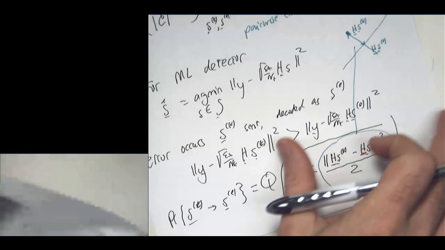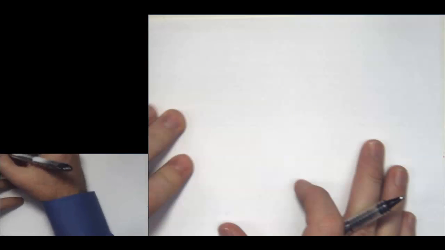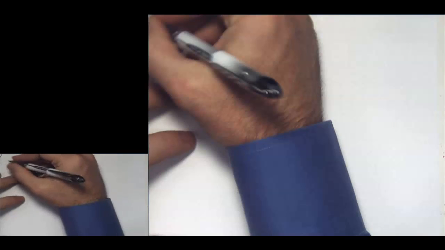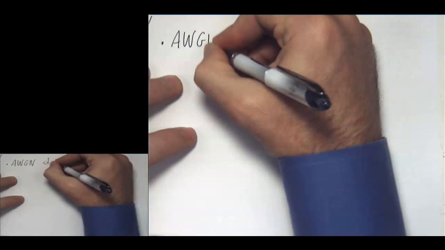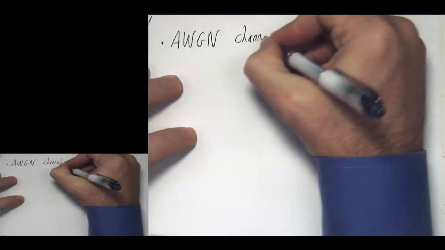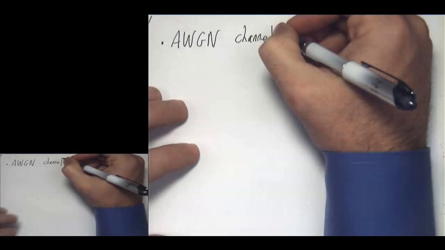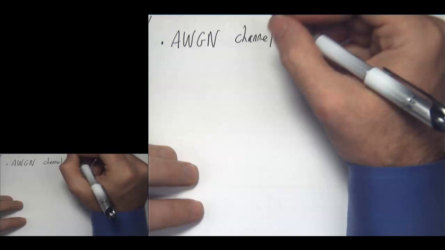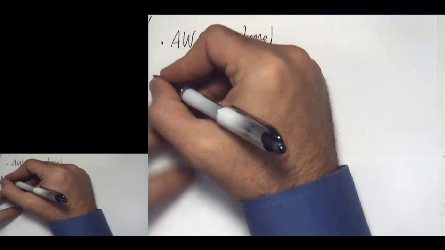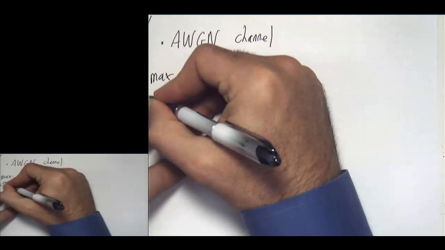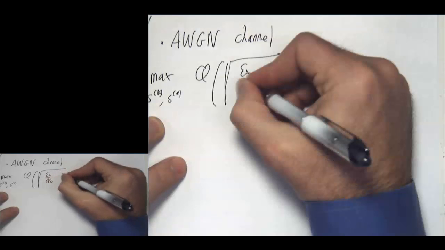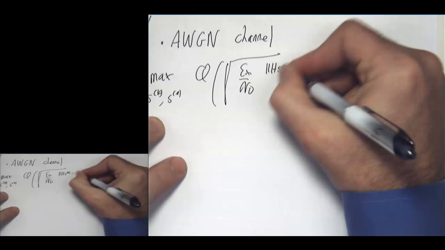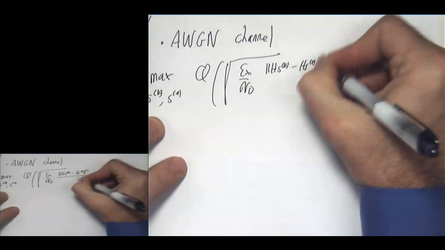First of all, I'm going to stop for a second and point out that if we were talking about just an additive white Gaussian noise channel, so not looking at the average probability of error, but just the probability of error given the channel, then we would try to maximize this quantity over s of k and s of L, Q of square root of Ex over n naught times h s of k minus h s of L squared over 2.